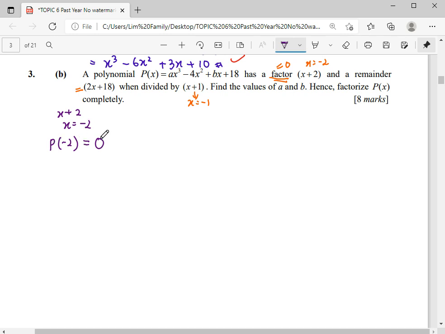We get 0 because factor means there is no remainder, so it equals 0. And for the remainder theorem like this one, your divisor is x plus 1. So your x value here will be negative 1. When you substitute negative 1 into your polynomial, your remainder is 2x plus 18. So we write what your remainder is here.